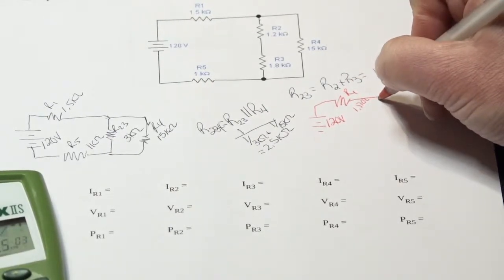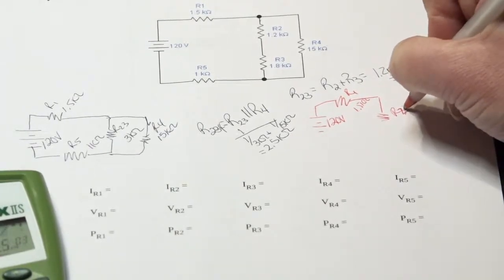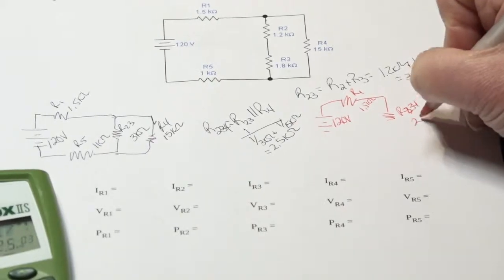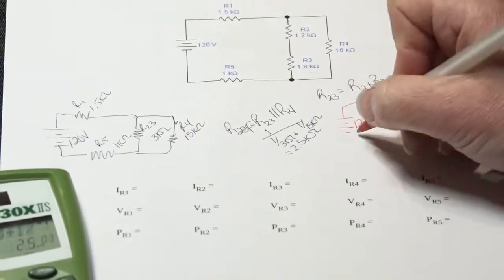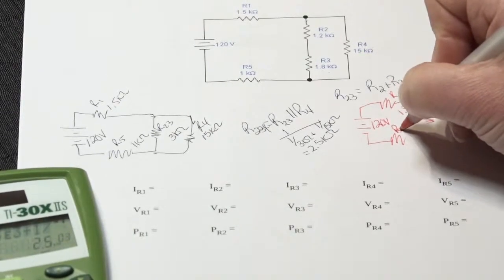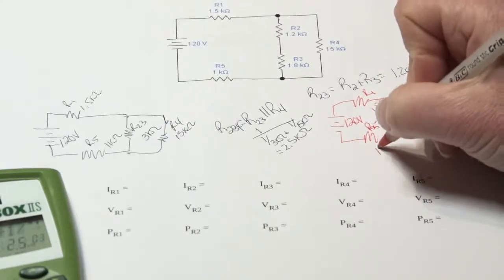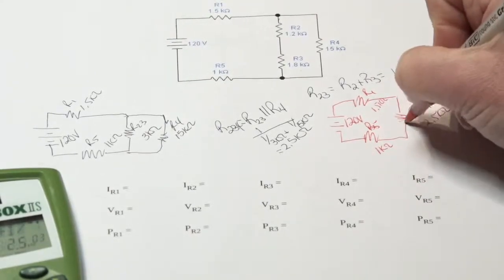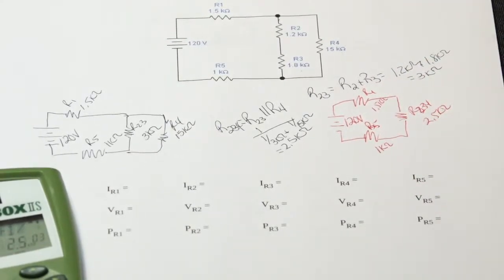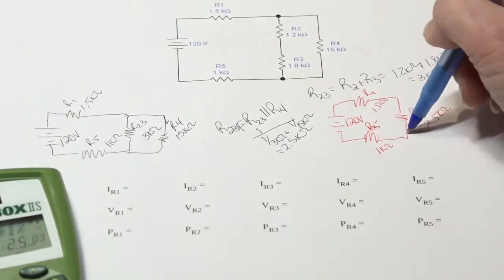And then we have our R2,3,4 combo, which is 2.5 k ohms. And we have R5, which is 1 k ohm. And that leaves us with a simple what circuit? You're right. It leaves us with a simple series circuit.